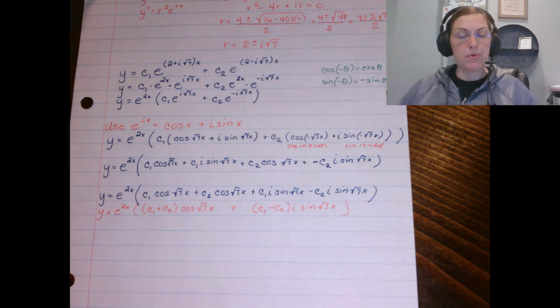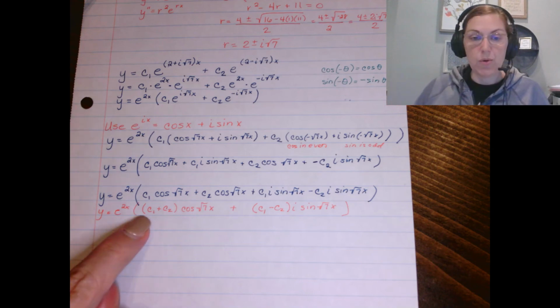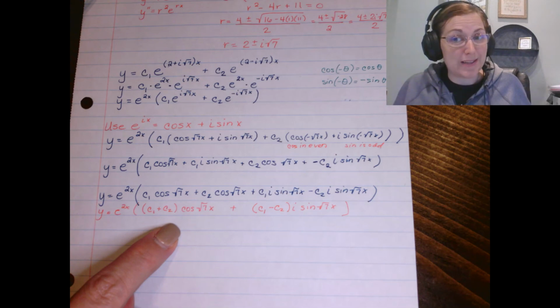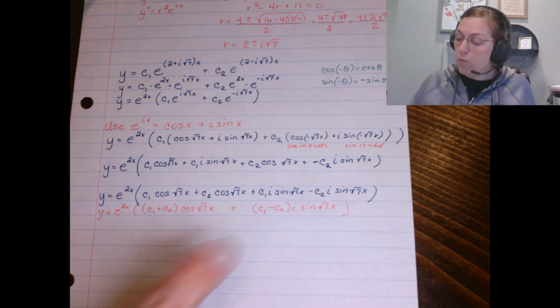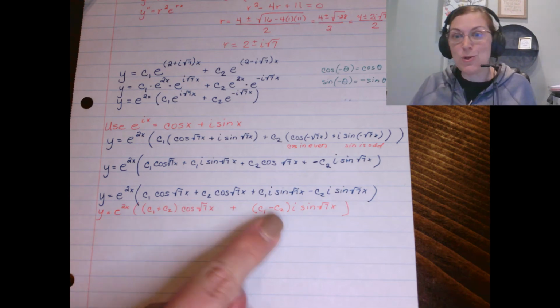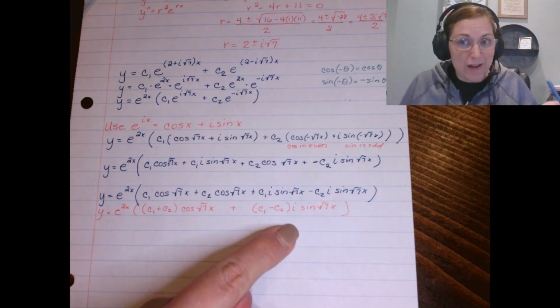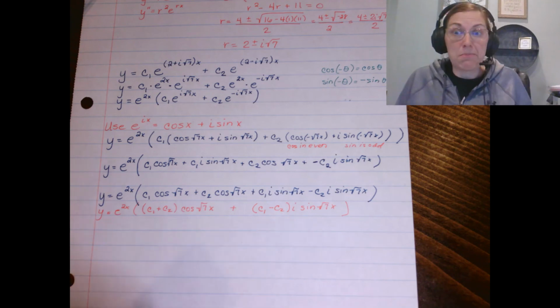Now, here's the important part to recognize. When you add a constant to a constant, you get another constant. Okay? When you take a constant, you subtract a constant, and you multiply it by i, you get another number, right? You just get another number.